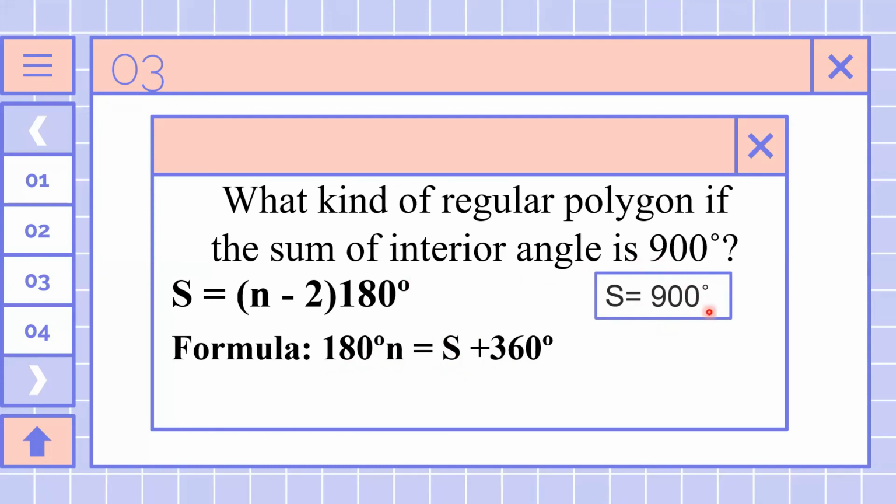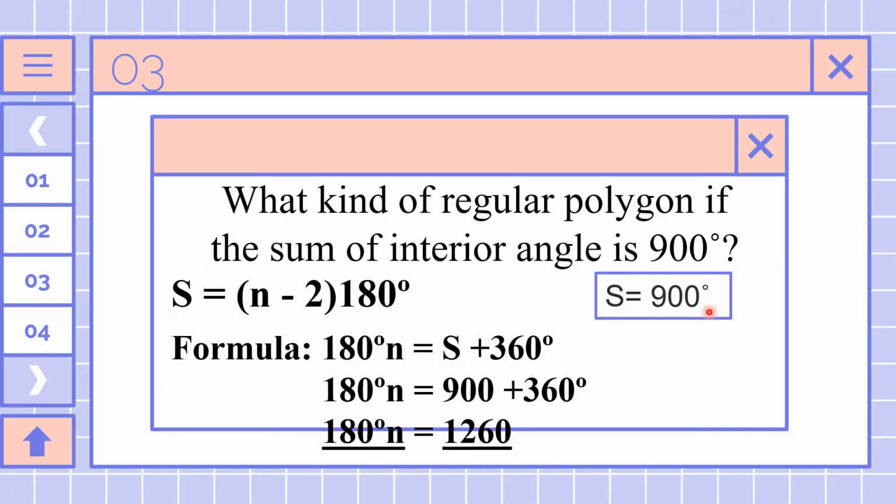So, i-substitute lang nato na siya. 180 degrees N is equal to 900 plus 360. So, now, nanatay 180 degrees and so 900 plus 360 degrees is equal to 1,260 degrees.